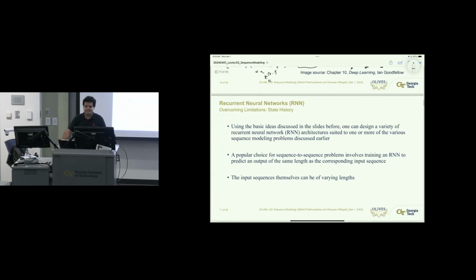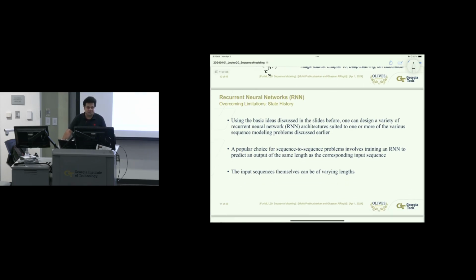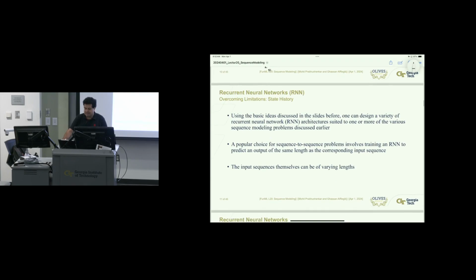But the reason that this state history is important is because of these three things that we have over here. So the most important one is that the input sequences themselves can be of varying lengths. So a sentence is not always restricted to, let's say, 10 words. We have liberty in terms of choosing the number of words, the number of characters that are going to be in our sentences. So it's very important that our input sequences themselves should be of varying lengths.